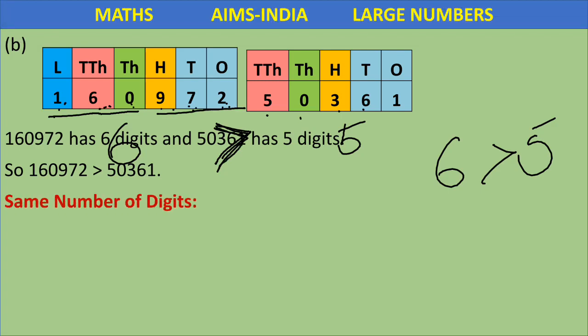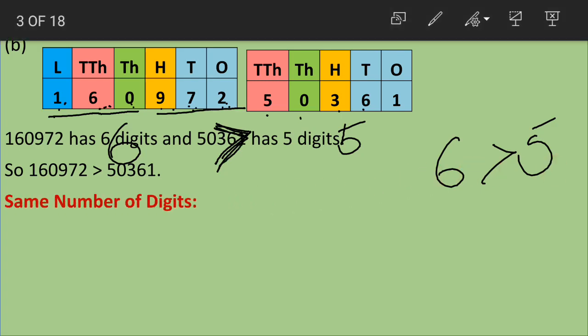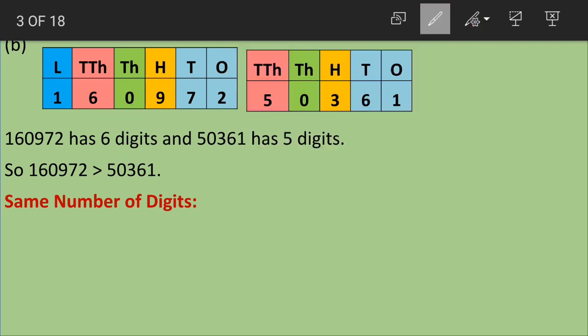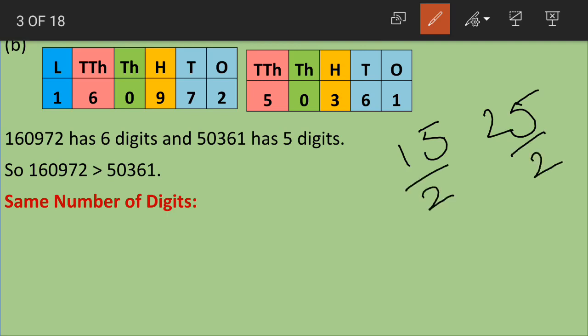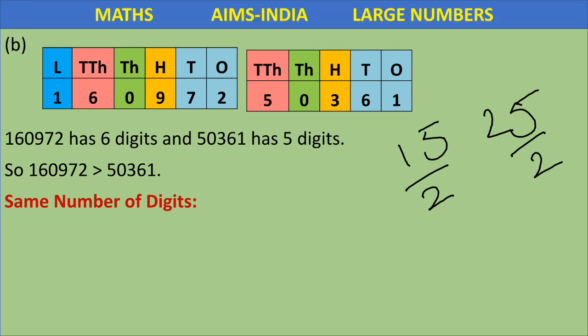50,361. Now what will happen if both the numbers have the same number of digits? If I give you two numbers with 5 digits, or let us take a simple example. If I give you two numbers with two digits, this number has 2 digits and this number also has 2 digits. Now what will you do? How will we compare? That we'll see here.